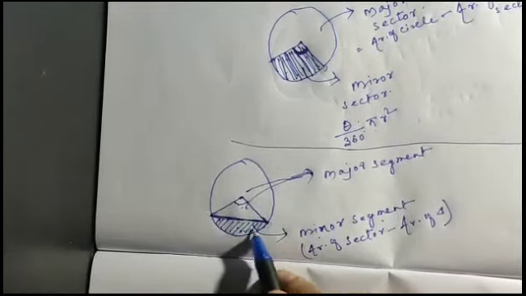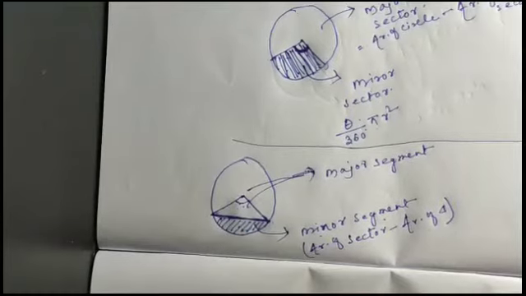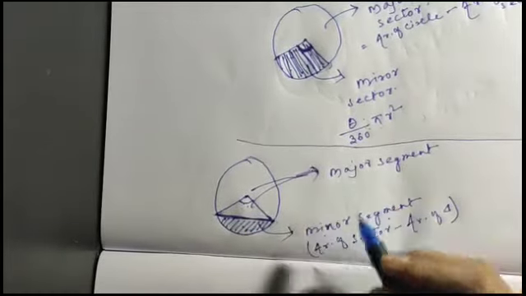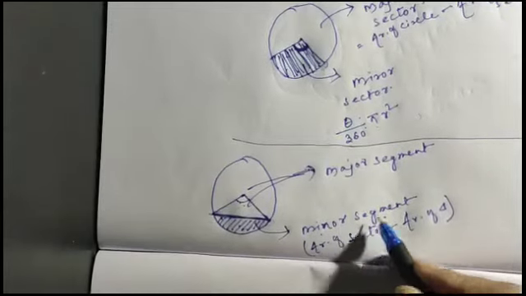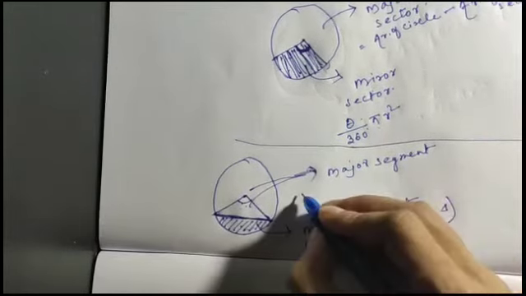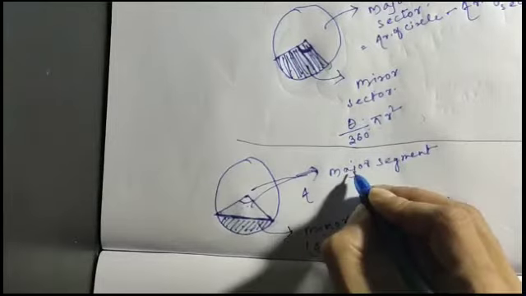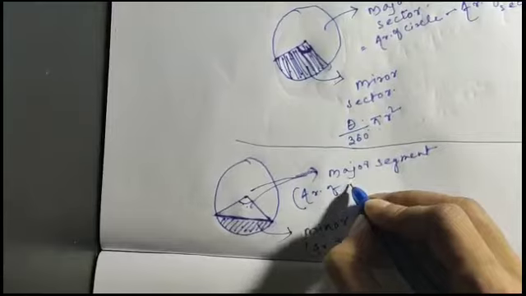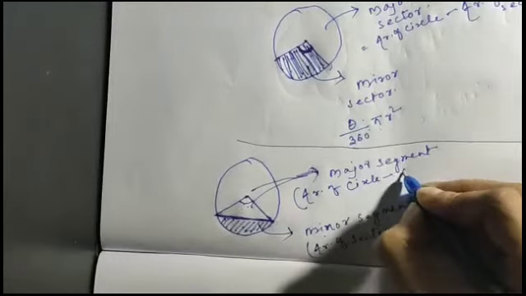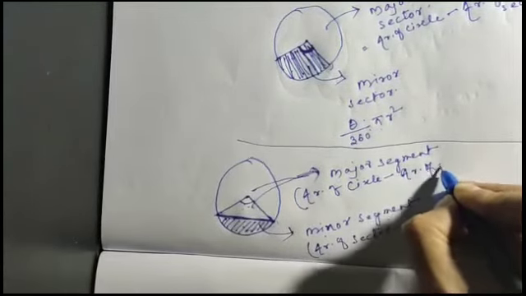Then the remaining part is the area of the minor segment. Now, how to find the major segment? You have to find the minor segment first. The formula is area of circle minus area of minor segment.